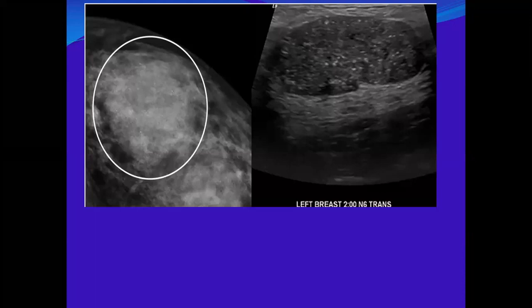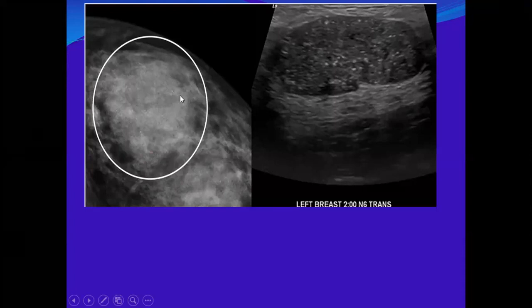It is a very impressive area of asymmetry, even in this dense breast. I have to proceed to spot magnification, and on spot magnification it is seen as a mass. Yes, it is a mass.